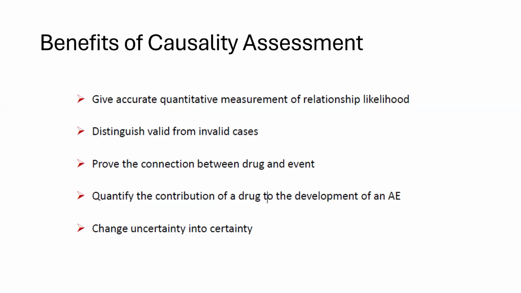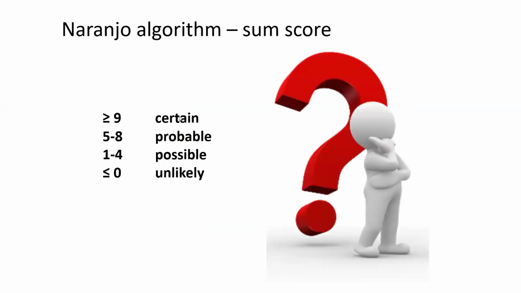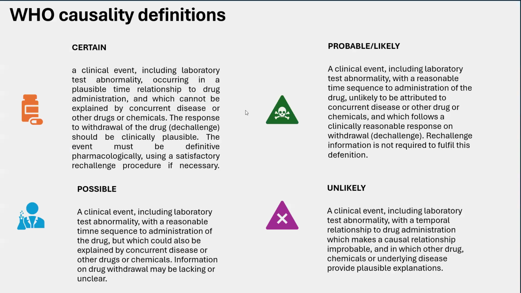Uncertainty means the information was unclear, we are not able to assess properly, not able to establish the causal relationship or the temporal relationship. That uncertainty is converted into certainty based on these scores, which we have seen in the previous slide. Okay.